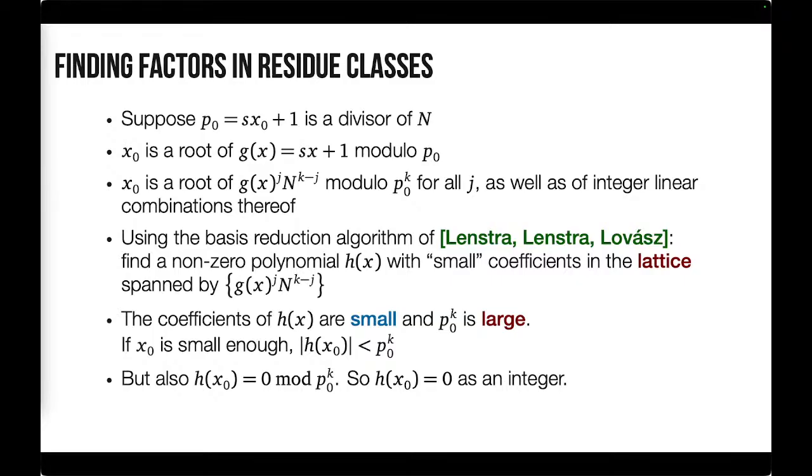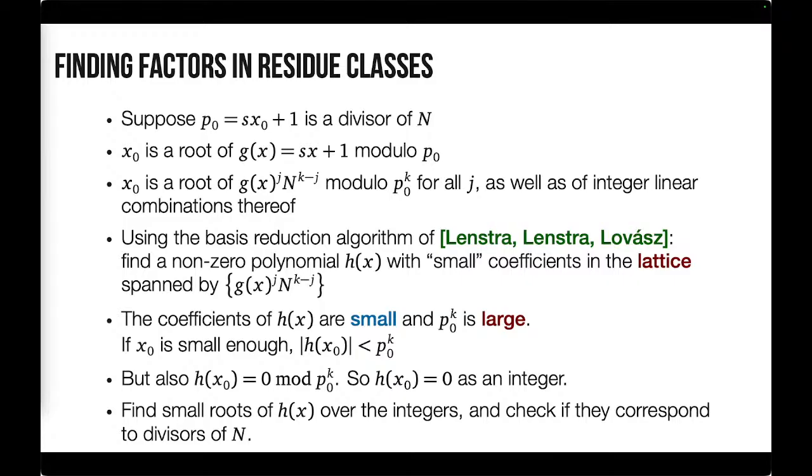You try to see whether it actually gave you a divisor of n. This is the algorithm. You just find small roots and you check all of them. This works as long as x0 is small. In general, it might not be small, so you just have to shift the polynomials and run these algorithms over many intervals and do the calculation and see what you get.